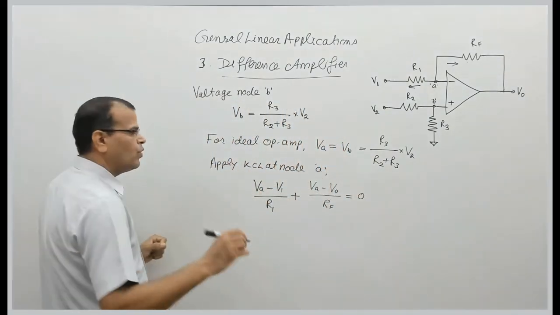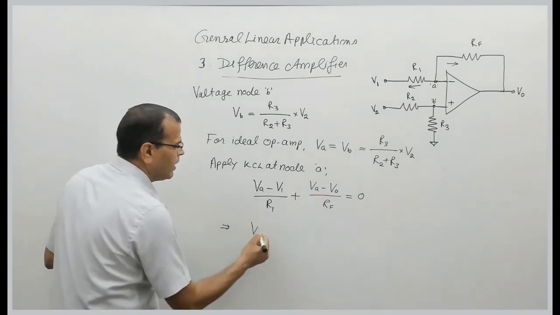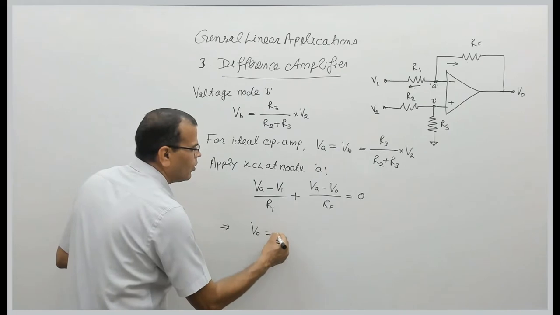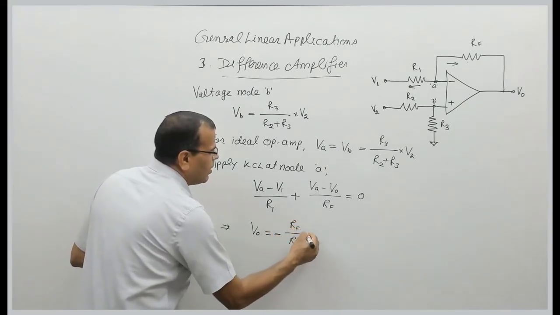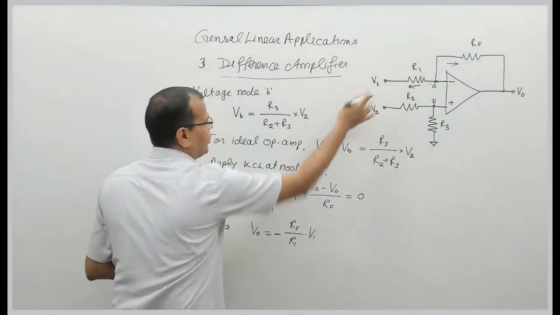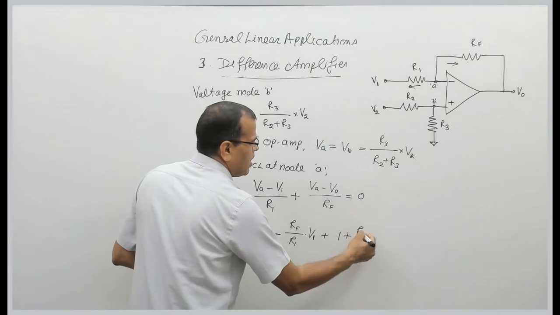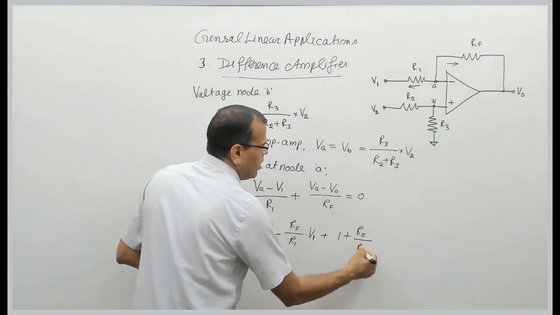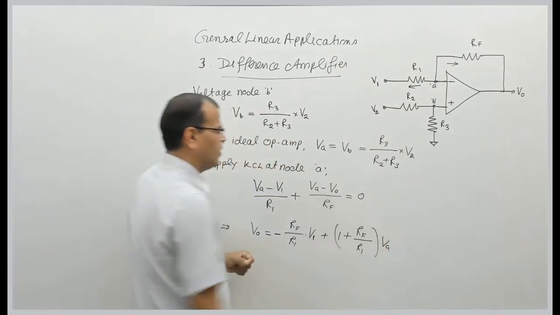So this is equal to 0. Fine. You can write the expression directly like this, or by just a modification of this, that is V0 equal to minus RF by R1 into V1, plus 1 plus RF by R1 into VA.